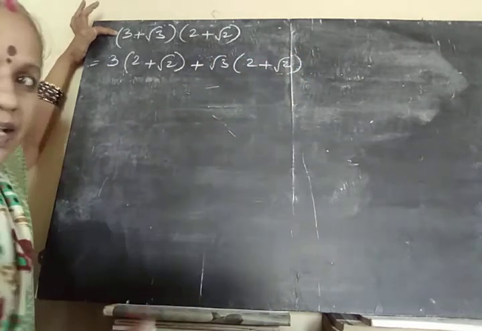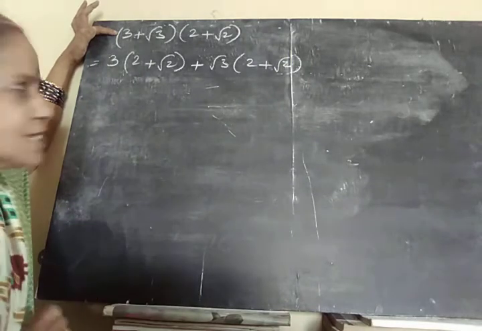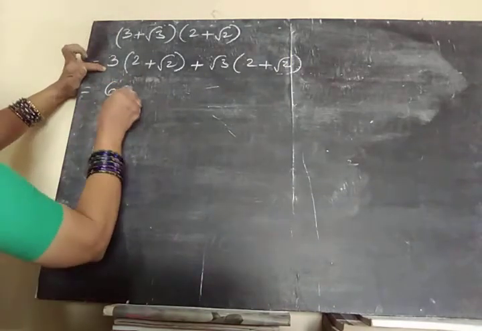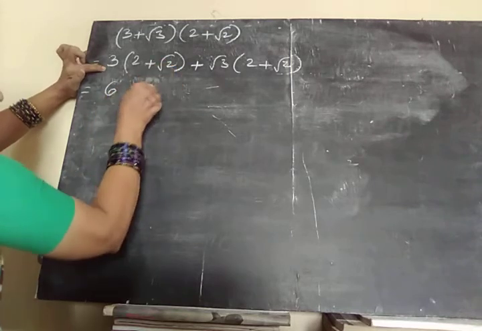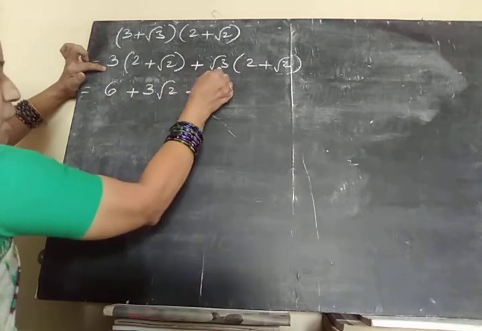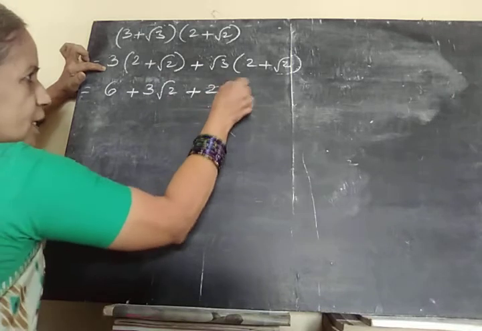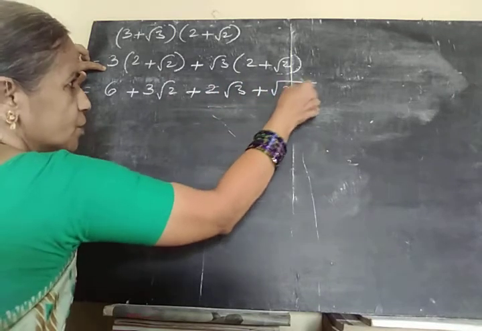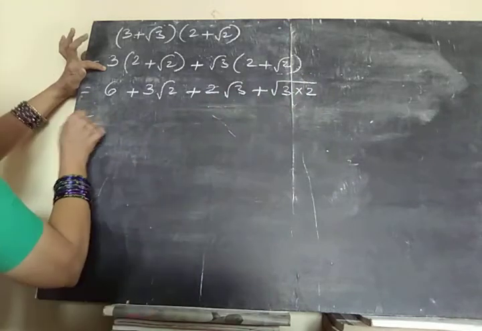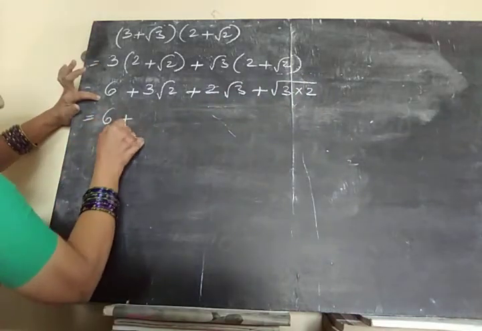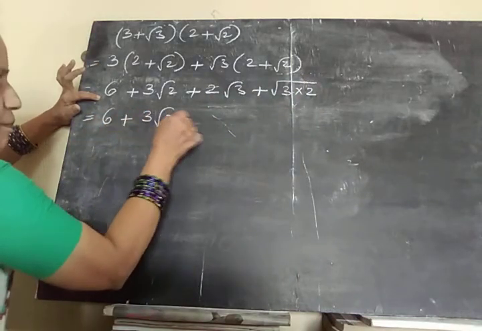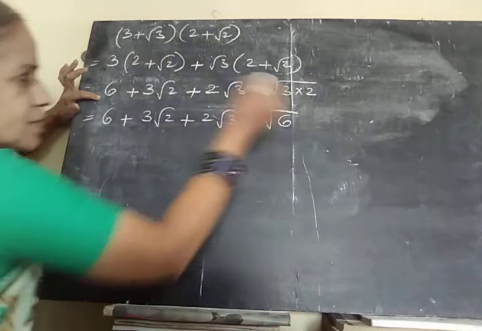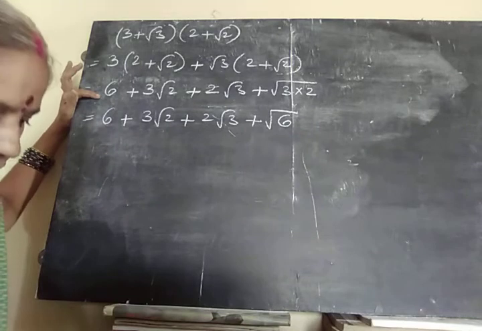In the previous class, in 8th class, we did like this. Now 3 into 2, 3 2s are 6, plus 3 into root 2, 3 root 2, plus root 3 into 2, 2 root 3, plus root 3 into root 2, root of 3 into 2. Okay. Now 6 plus 3 root 2 plus 2 root 3 plus root 6. Understood children?